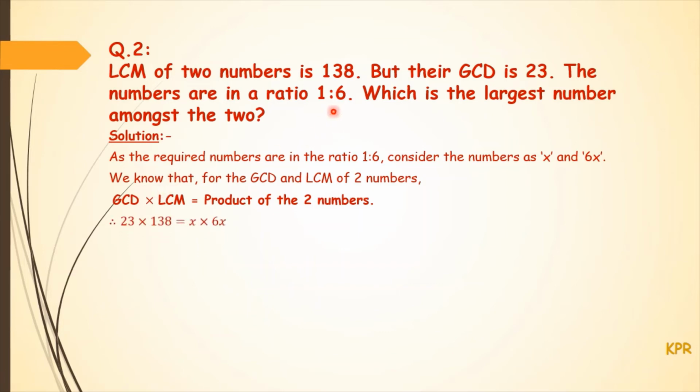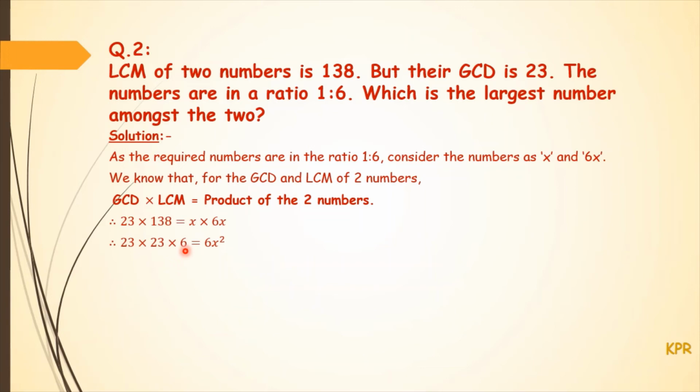We will substitute the given values in the formula. 23 multiplied by 138 is equal to x multiplied by 6x. Instead of multiplying on the left hand side, I have just factorized 138 as 23 into 6, just to simplify the calculations.